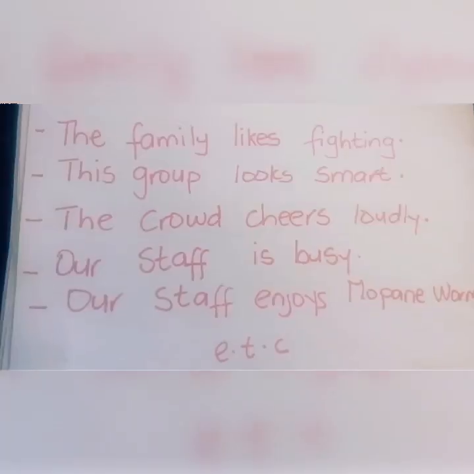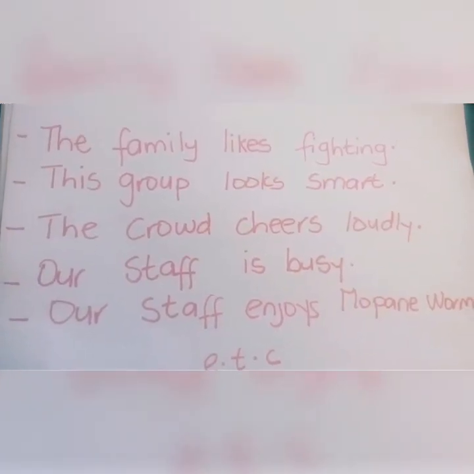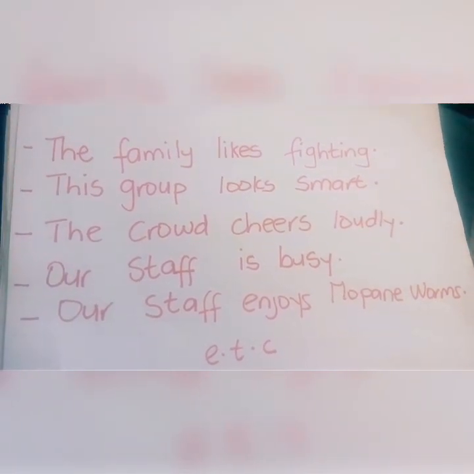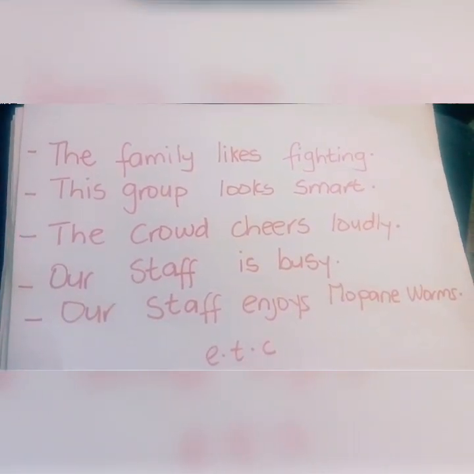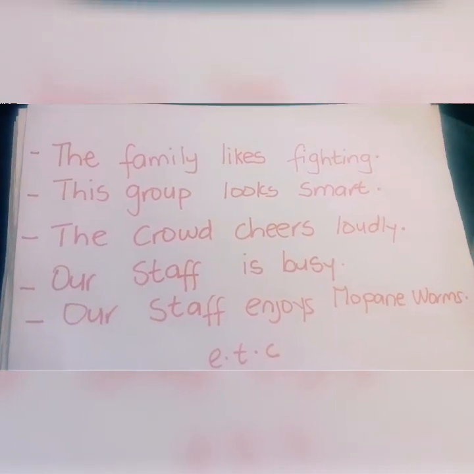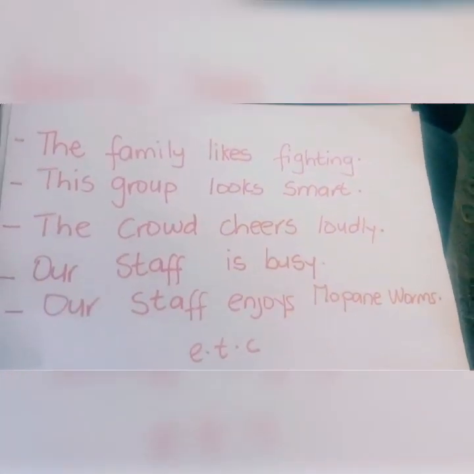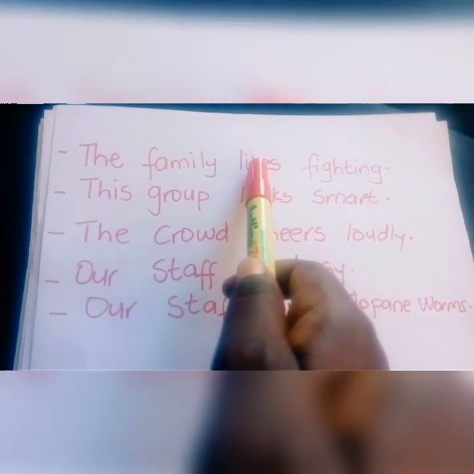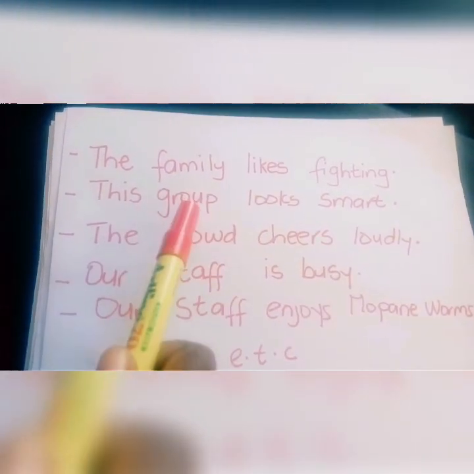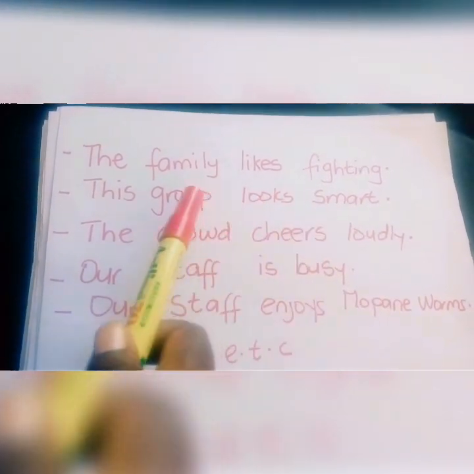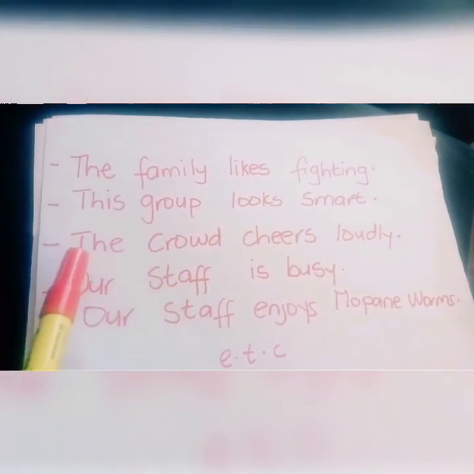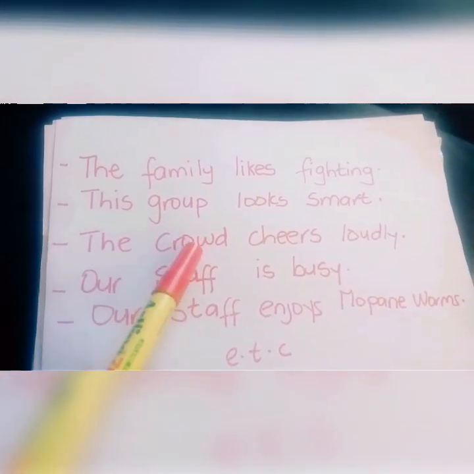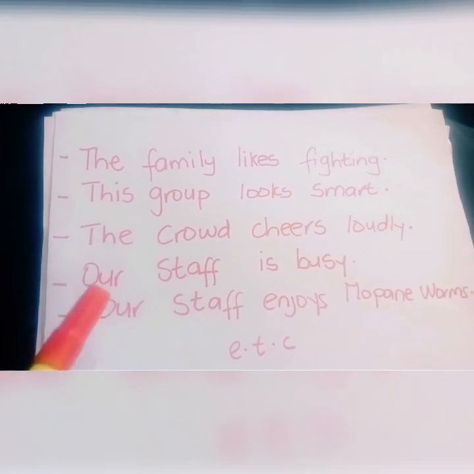Look at how we have used these collective nouns in these sentences. These sentences contain collective nouns. The family likes fighting. The family, we are talking about one family. The family likes fighting, so we have to add an s here. This group looks smart because it's one group. The crowd cheers loudly.